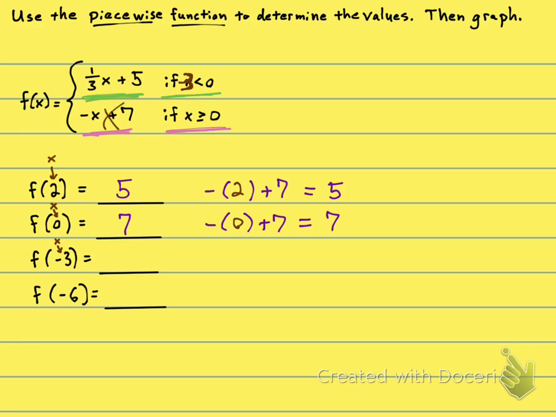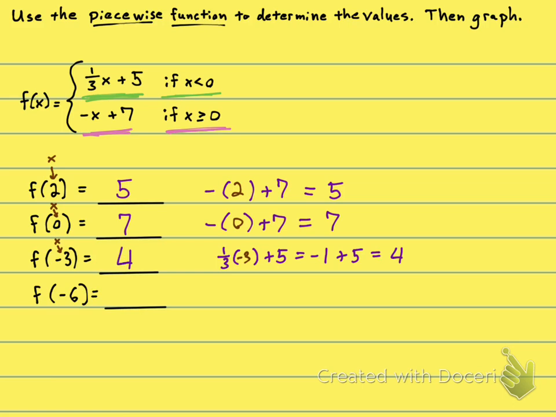So I'm not going to use the bottom. I am going to use the top one. I'm going to use the green one. So I have 1/3 x plus 5. I'm going to plug in my negative 3. 1/3 times negative 3, that's negative 1. So that's negative 1 plus 5 is 4.